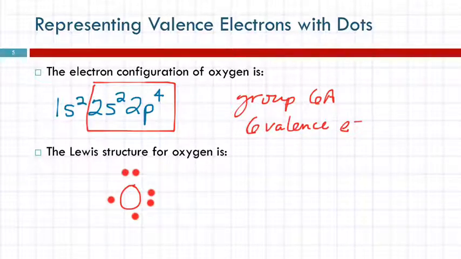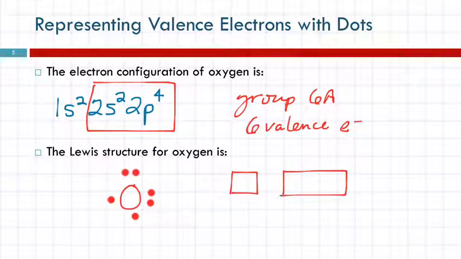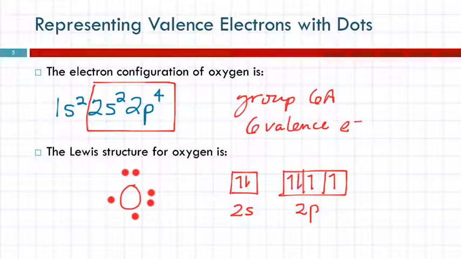Let's look real quick at the orbital diagram. If we look at an orbital diagram just for the valence electrons of oxygen, that's a P, there are 6 valence electrons: 1, 2, 3, 4, 5, 6. So when we look at the valence electrons, we see that these electrons are paired, those electrons are paired, and then these 2 electrons are not paired up.